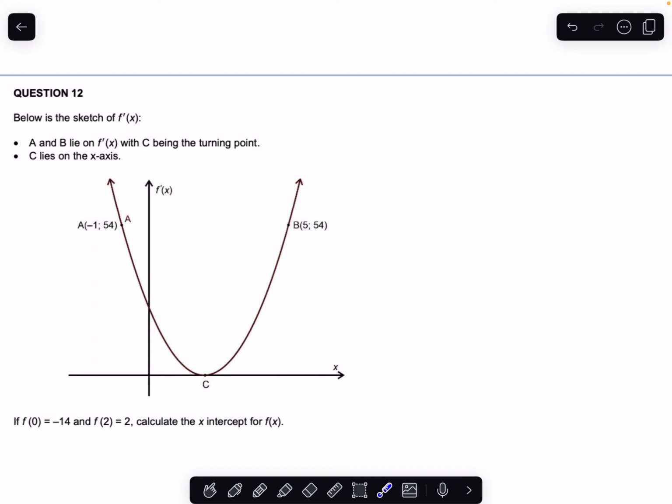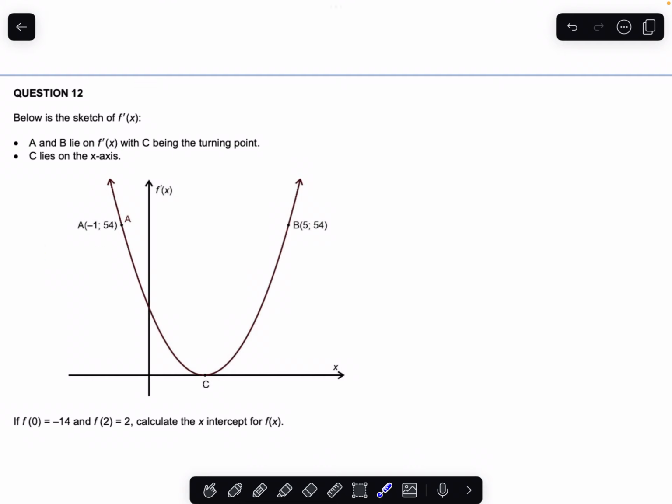Anyway, the point A has coordinates -1 and 54. So what this is telling us is that on the curve f of x, when x is equal to -1, the gradient at that point is 54. So the curve is very steep at that point, right? And here, when x is equal to 5, the gradient of the curve is again 54, so again very steep.